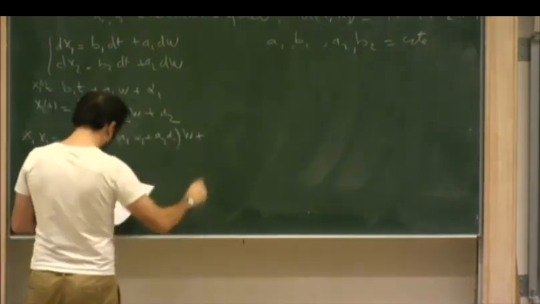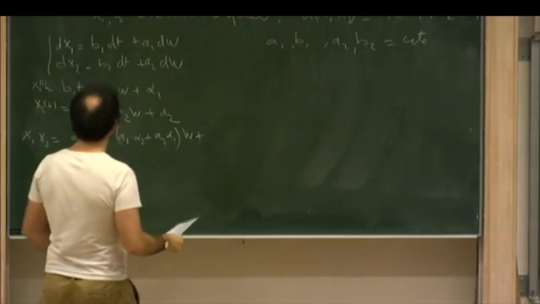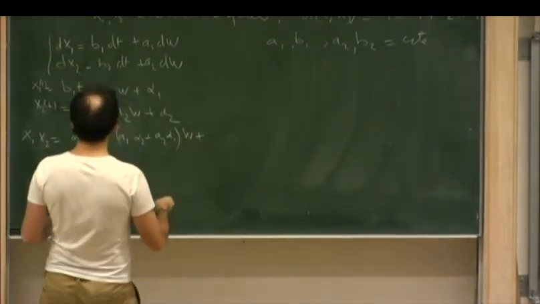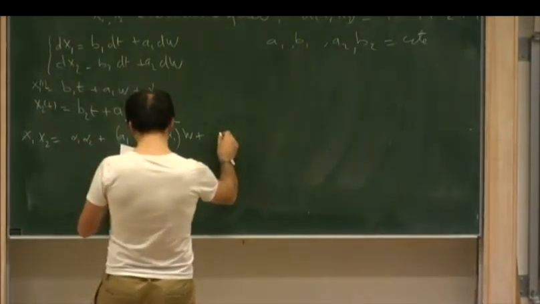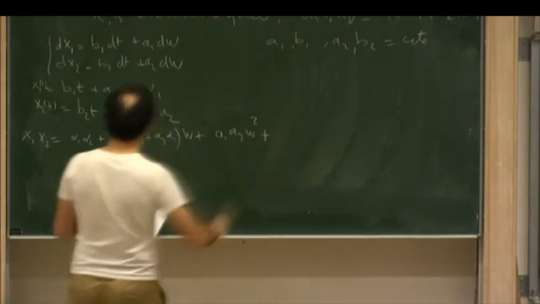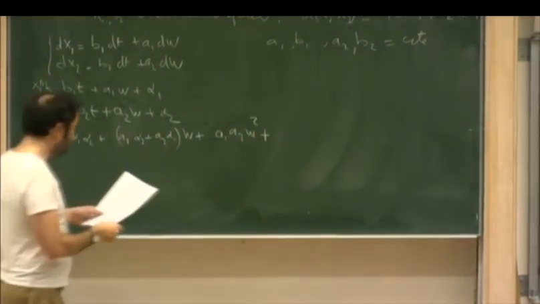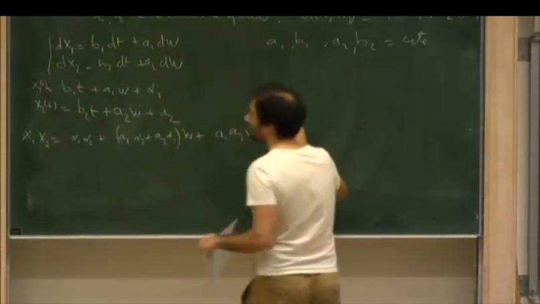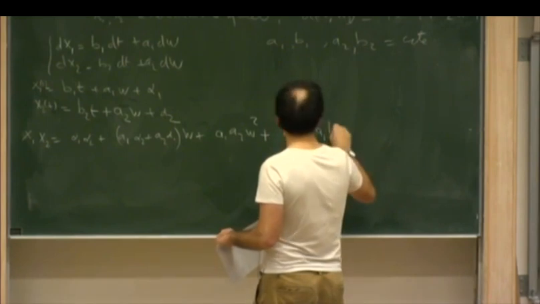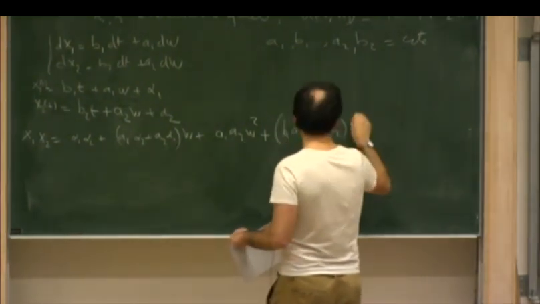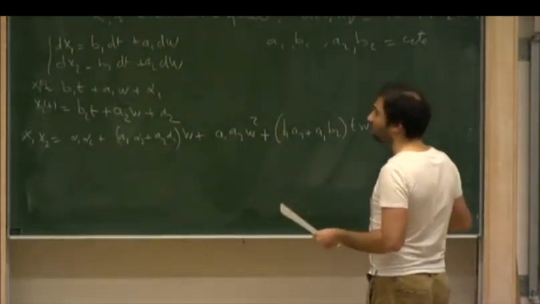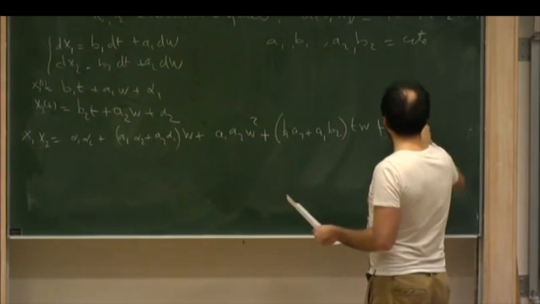Now the term in ω squared: in ω squared, I think we have only one, correct. a1 a2 ω squared, plus the term in t ω that comes from here. So this is b1 a2 plus a1 b2, and this is t ω. And then there is a term in t squared, which is b1 b2 t squared.